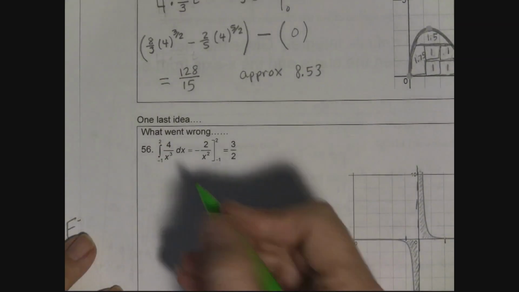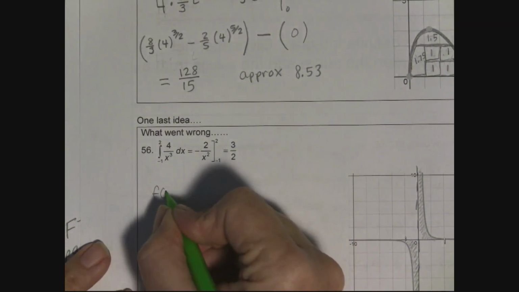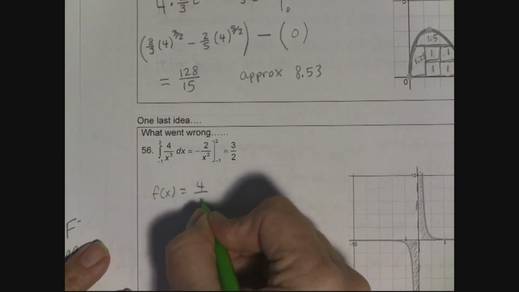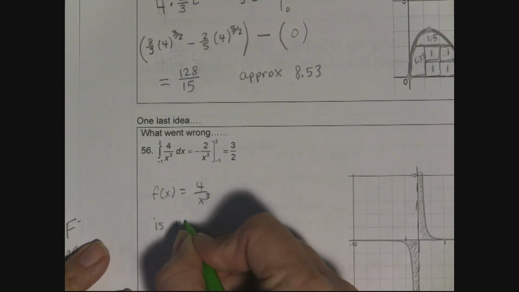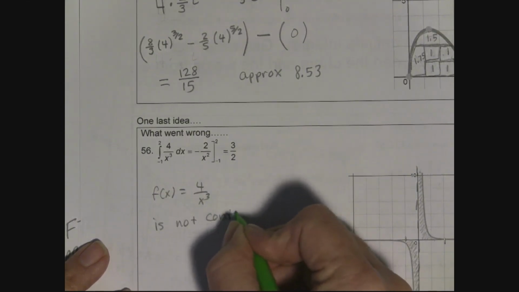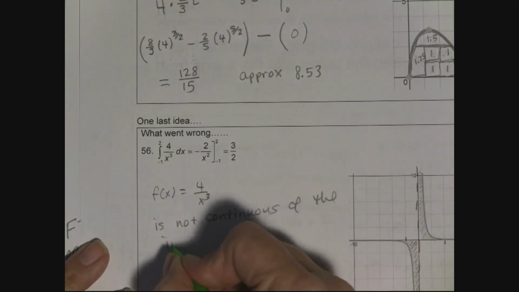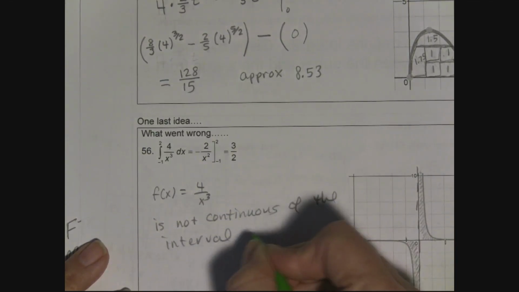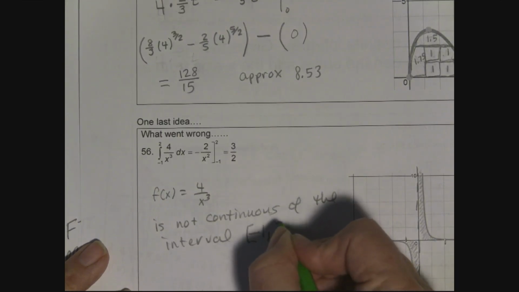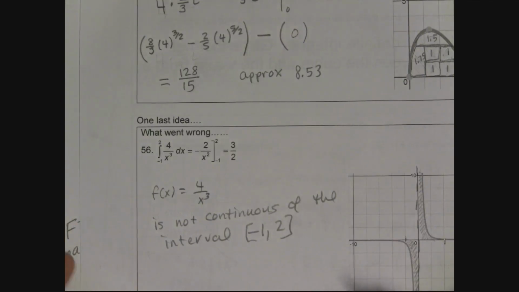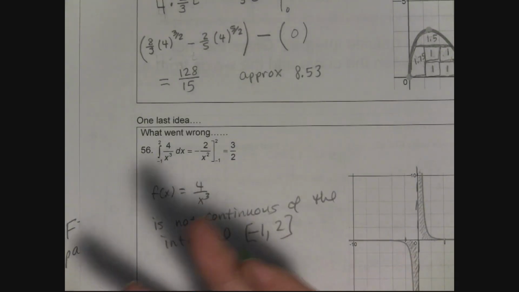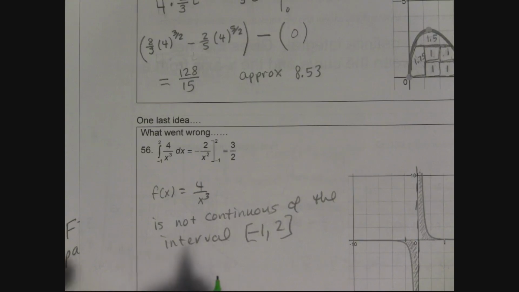So why this is not going to work is that f(x) = 4/x⁻³ is not continuous on the interval -1 to 2. It's discontinuous at x = 0. There's an asymptote at x = 0. A discontinuity happens at a hole in the graph or at an asymptote.